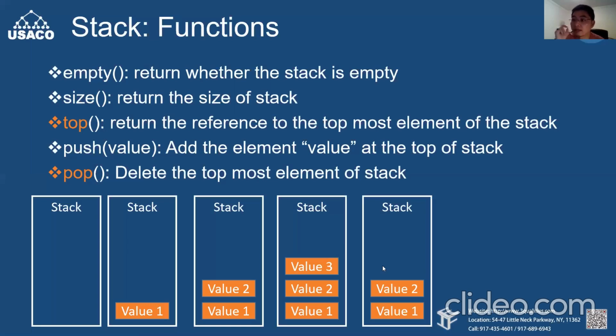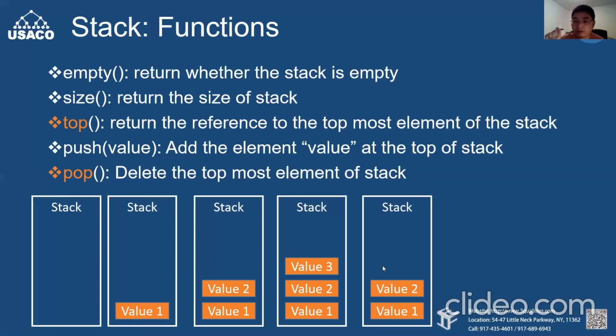Very good. Next one, top. The top function returns the reference to the topmost element of the stack. Here, okay, I highlighted, and we have to know the difference between top and pop. If we are calling the top function, we do not remove any items from the stack.